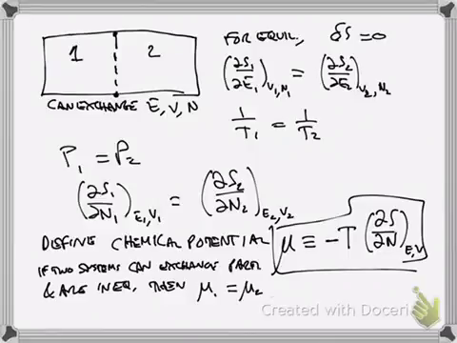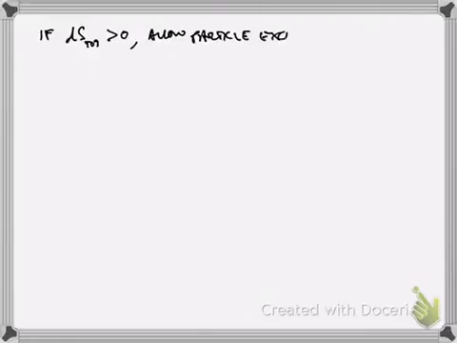So you can do the same kind of reasoning we did before and ask: if dS total must be greater than 0, and we consider two things with tiny differences in chemical potential, and we allow particle exchange, the only stuff that's going to spontaneously happen is the stuff where dS total is greater than 0.